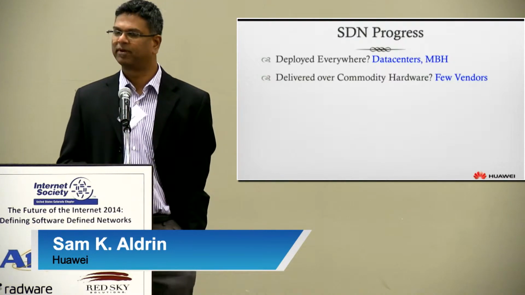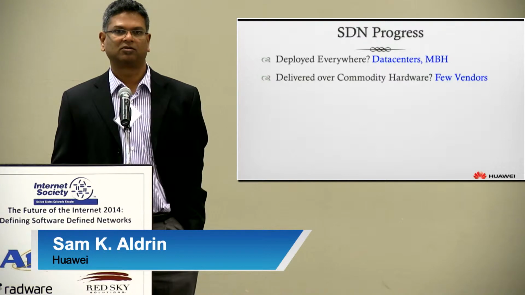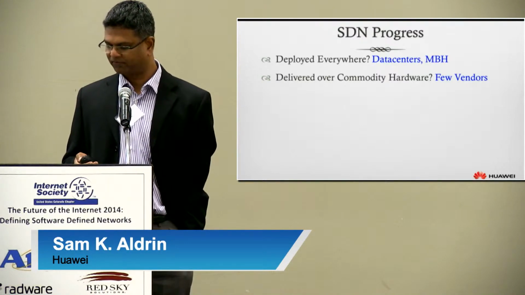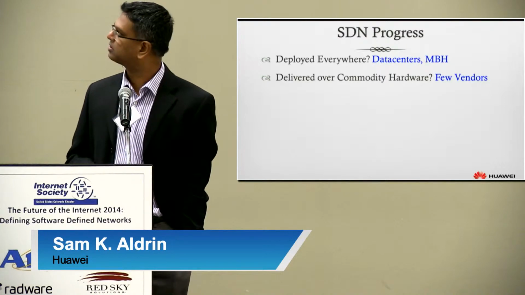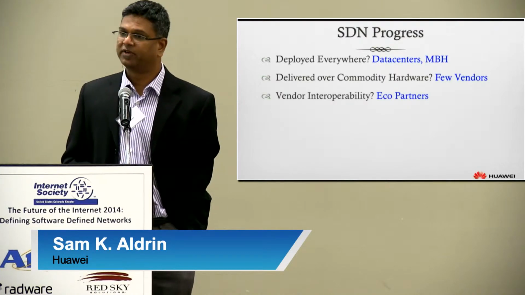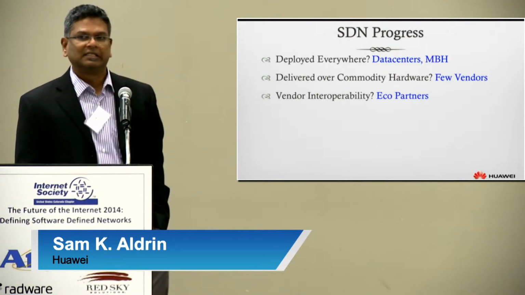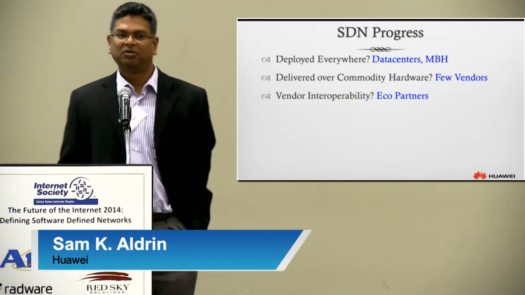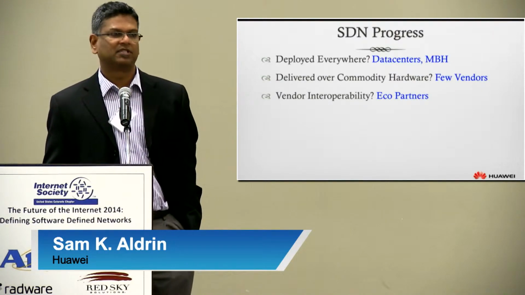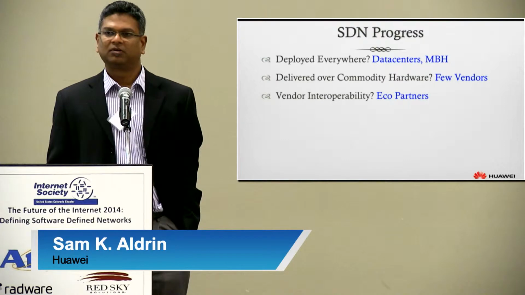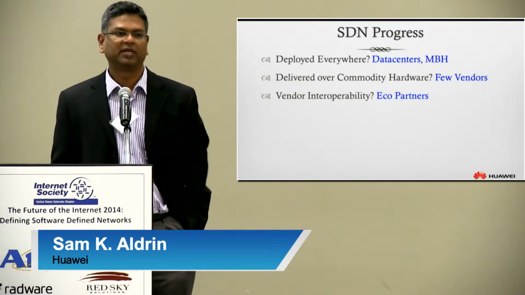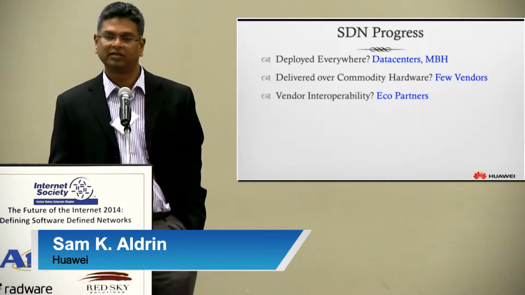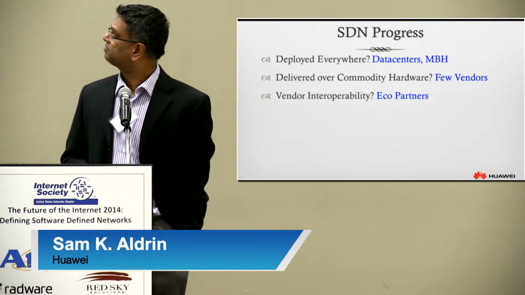You still have to buy a specific device which does a specific function, but the software could be abstracted and generalized. Then there is vendor interoperability. That was the goal, but if you really check the landscape, one vendor cannot really interoperate with another vendor. So you are tied to a specific vendor and the ecosystem.